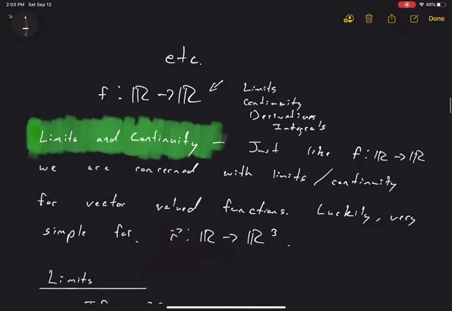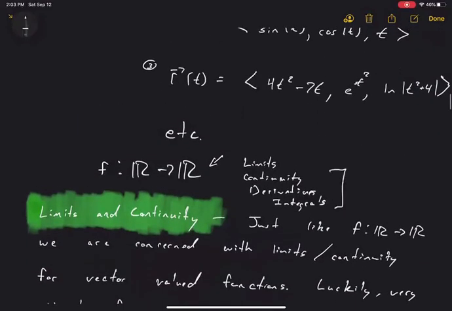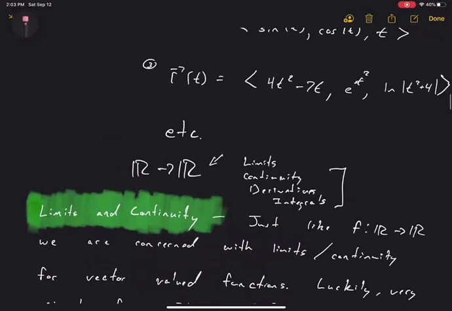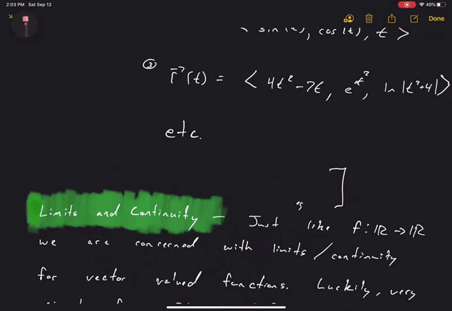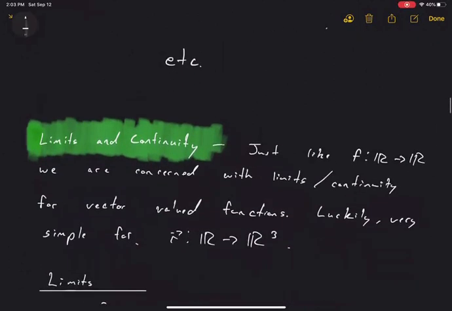And we're going to talk about all these topics really for these vector valued functions. In this section, we're going to start with limits and continuity, and the limits and continuity for these vector valued functions are pretty easy. It's just a very slight adjustment from Calc 1 and 2 to this material.